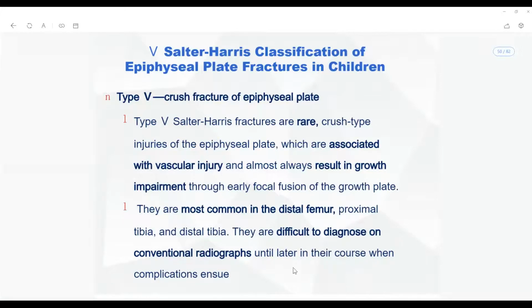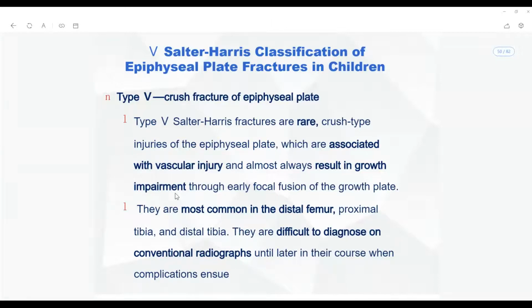So this is the Salter Harris type 5, where there will be compression or a crush fracture down to the epiphyseal plate. This is also associated with vascular injury and will also result in growth impairment. Since the vascular injury is present, all the nutrients that have to be supplied for the provisional zone of calcification and the zone of ossification are eventually lost.